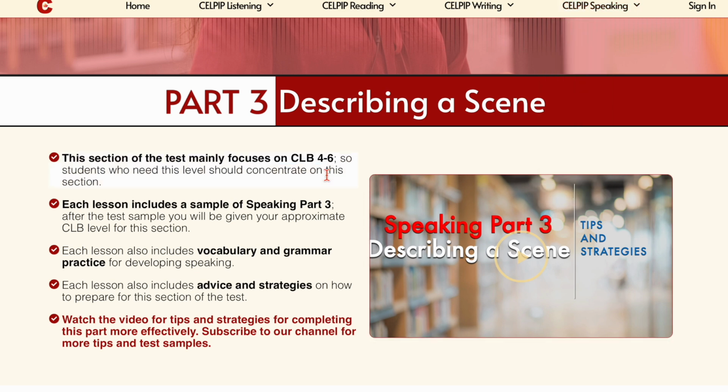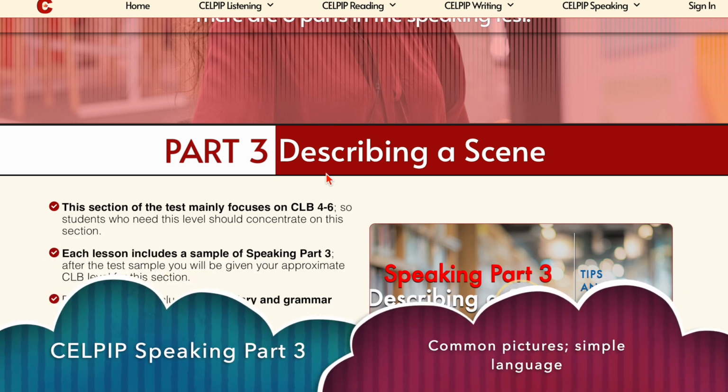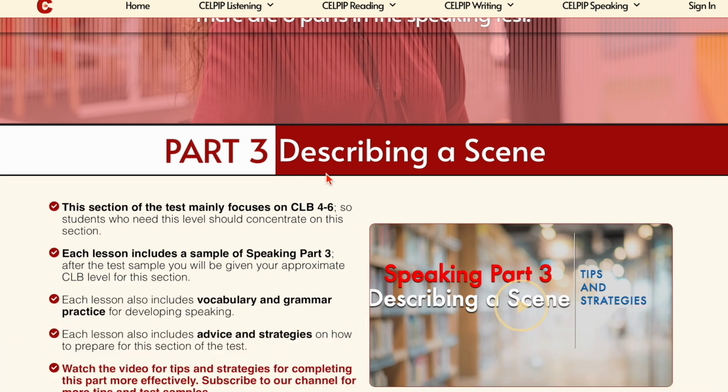That's because in part 3, describing a scene, all you have to do is identify the picture. It'll be a common picture and provide some basic sentences. So for levels 4, 5, and 6, that shouldn't be so difficult, okay?